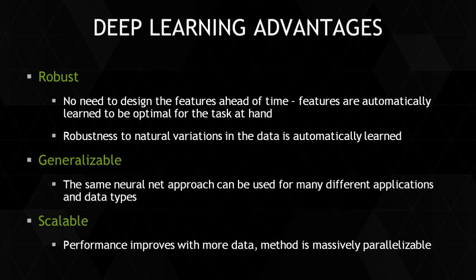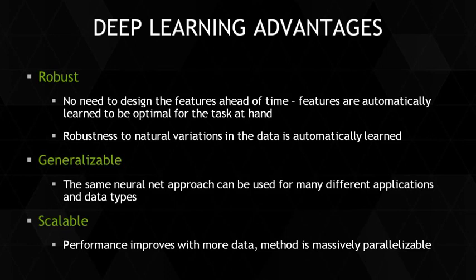The method is very generalizable. There's very little about the formulation of the artificial neural network that I described, and the training process, that has to be modified to ingest a different type of data. So the process for training a network on images and training a network on audio samples is very, very similar. And certainly different applications within those different data types are very similar.